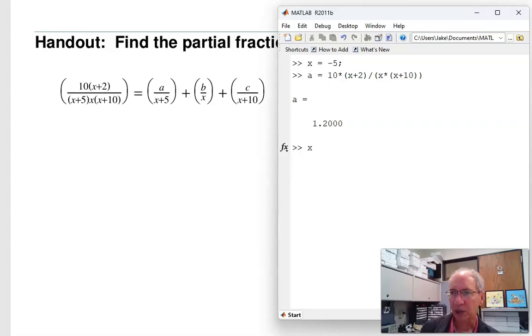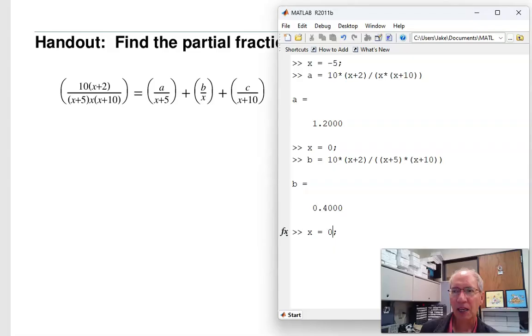X equals 0 for B. B is 10 times x plus 2 over x plus 5 times x plus 10. You cover up the x term. There's b.